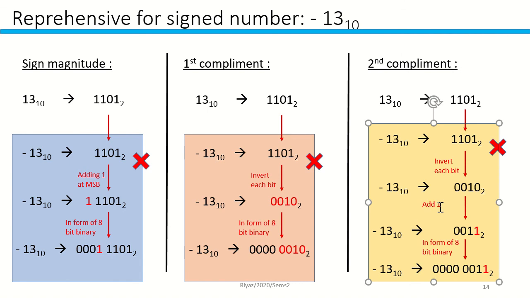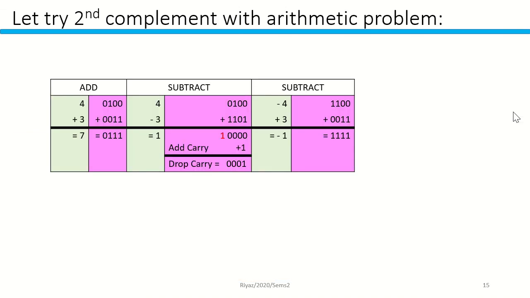Then we add 1 and it becomes 0011, and in the form of 8 bits you're going to have 00000011. So you can have 3 different representations for signed negative 13, here, here, and here.